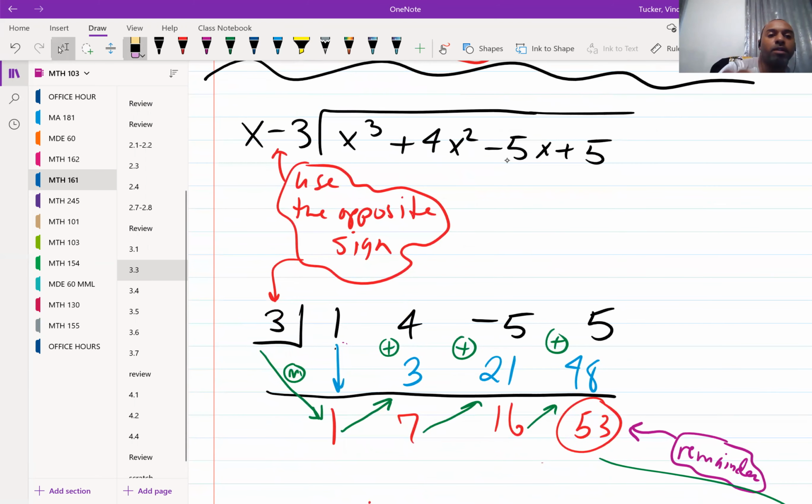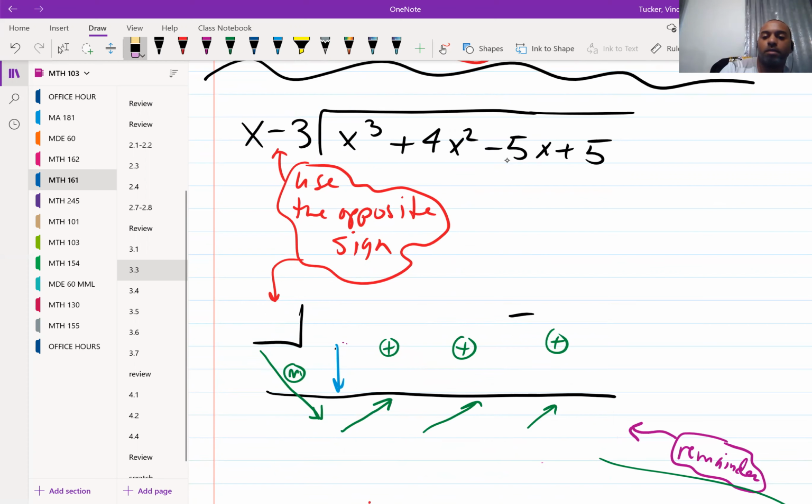Let me erase this stuff. All right. So first thing we would do is start it off this way. You would just have a little box to the left corner and everything will be empty, have a line. It would just be like this.